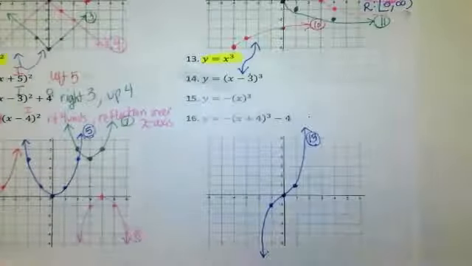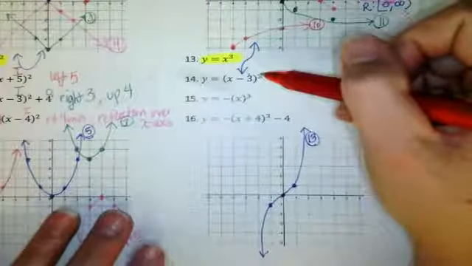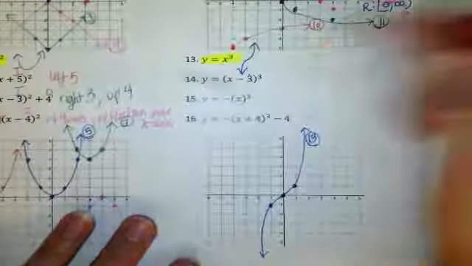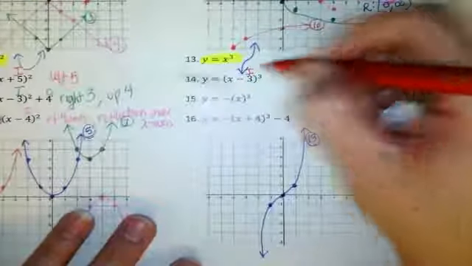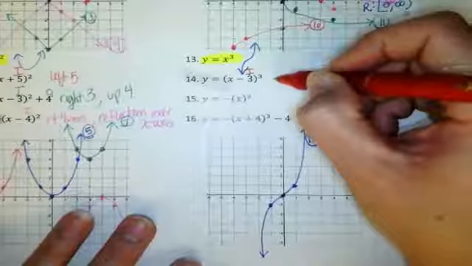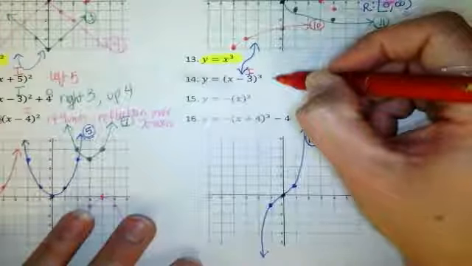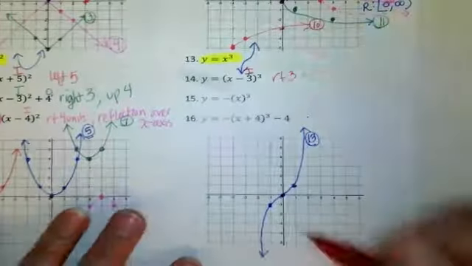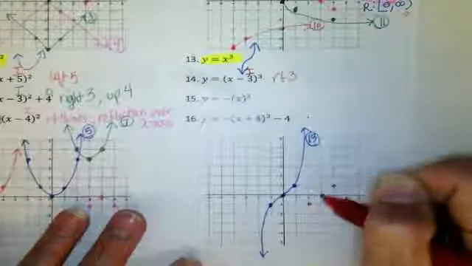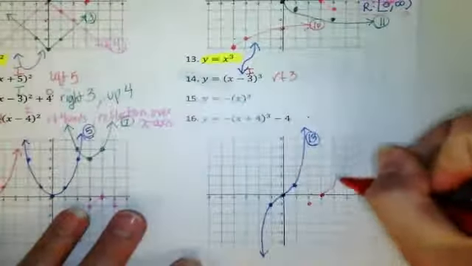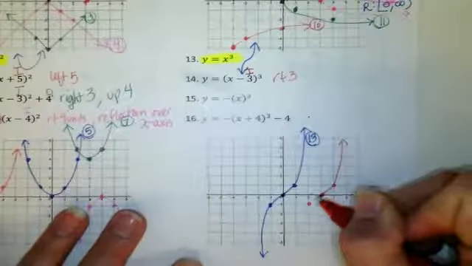Alrighty. Is the 3 on the inside or the outside? Inside, which means it's going to do what? In the x direction, right 3 units. Very good. Right 3 units.